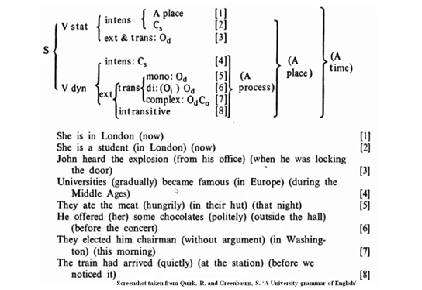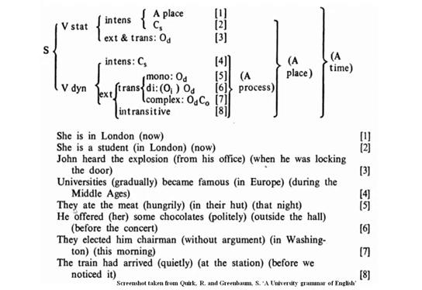So it is a dynamic verb. But it is an intensive dynamic verb because it's followed by a subject complement, which is famous. Famous describes universities. So it is an intensive dynamic verb.